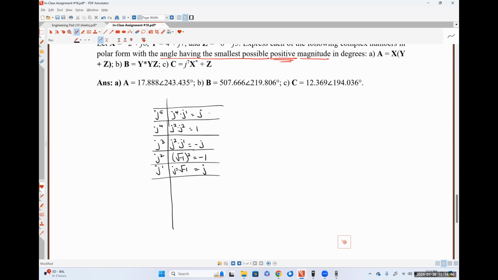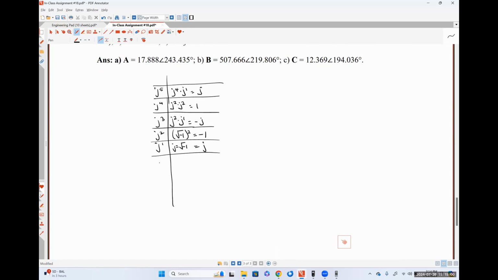So all you have to do is subtract 4 from the index to get j to the 3rd, and your calculator should be able to interpret that. And we can do the same thing if we had negatives, right? So j to the 0 is just 1. j to the -1 is just 1 over j. If we multiplied that by j over j, we would have j over -1, or -j.